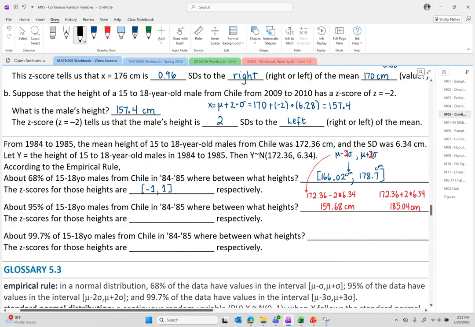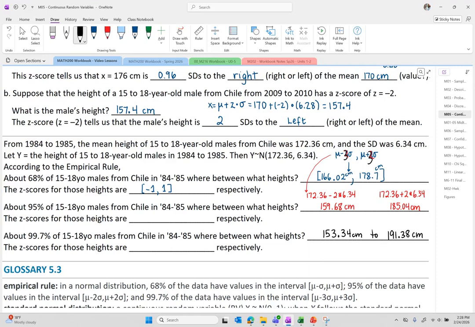99.7% of those heights will be between the mean minus 3 standard deviations and the mean plus 3 standard deviations. So again, here I'm going to do 172.36 minus 3 times 6.34. That will be 153.34 centimeters. And the other value will be the mean plus 3 standard deviations, 191.38 centimeters.